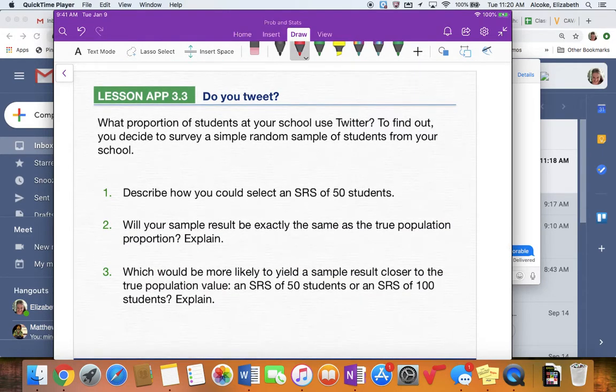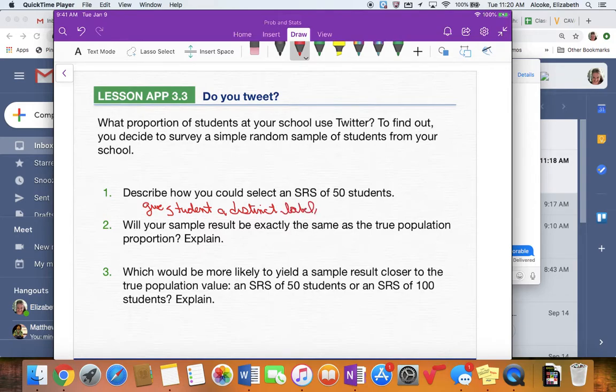So this is a pretty straightforward question that you might be asked: how do you select a simple random sample? What proportion of students at your school use Twitter? To find out, you decide to survey a simple random sample of students from your school. Describe how you could select 50 students. You would give each student a number or a distinct label, as it may be called.